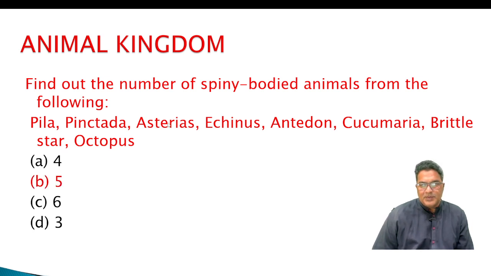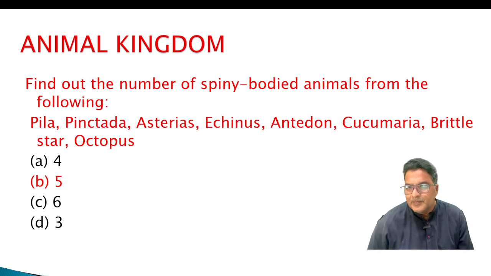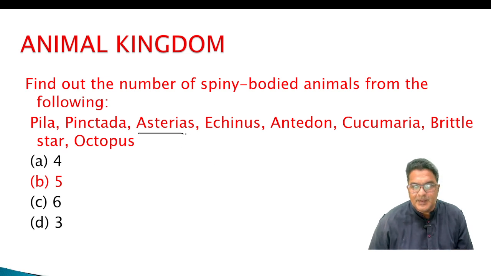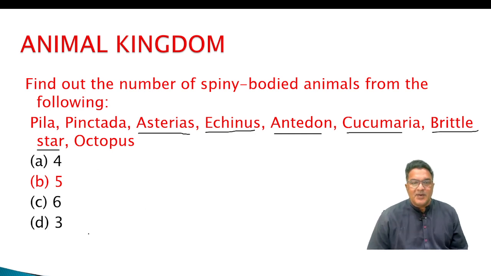We should not count Pila and Pinctada. So we need to count Asterias, Echinus, Antedon, Cucumaria, brittle star. Yes, five itself. For these kinds of questions, the answer alone is not enough. Five, which five? That is very important.